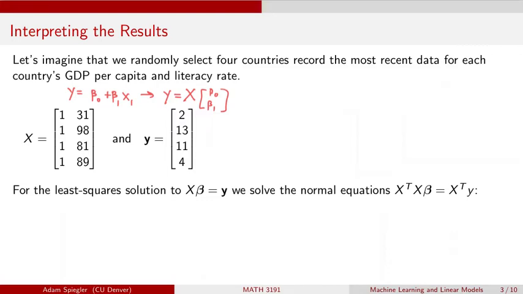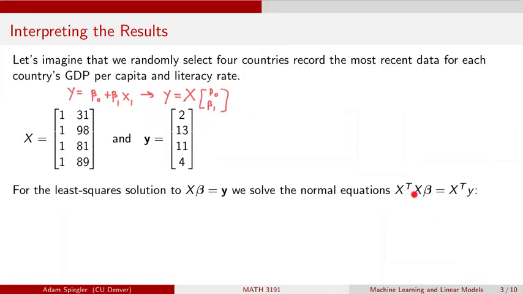To solve this, recall we have these normal equations that we can solve. I can multiply both sides of this initial equation by X transpose. Now X transpose X is a square matrix, even though X may not be a square matrix. So we might be able to invert this as long as the product X transpose X is invertible.